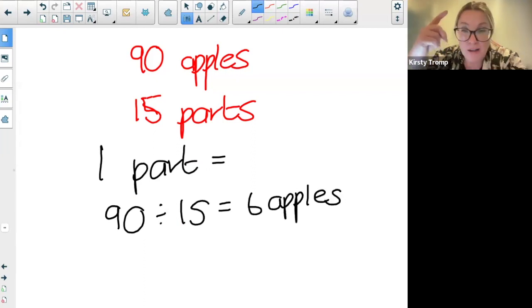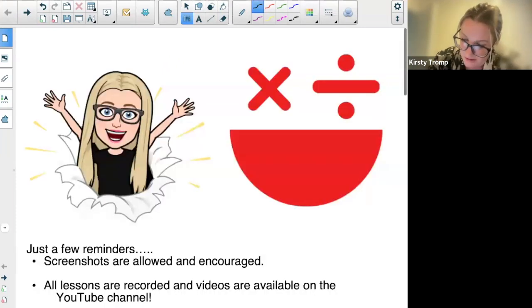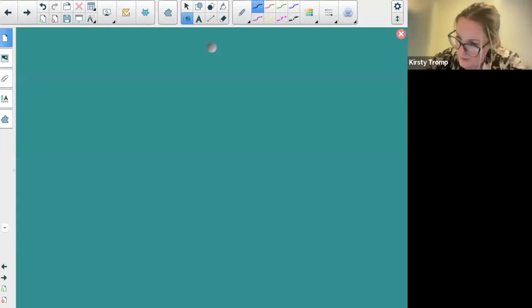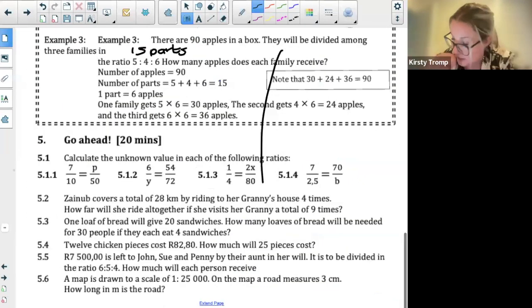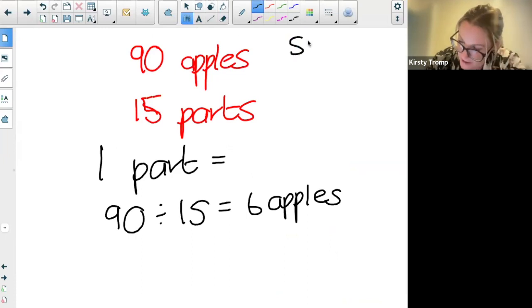So 1 part gives you 6 apples. All right, so let's go back to our family situation now. Here's our family situation, okay? In my family situation, I've got 5 is to 4 is to 6.